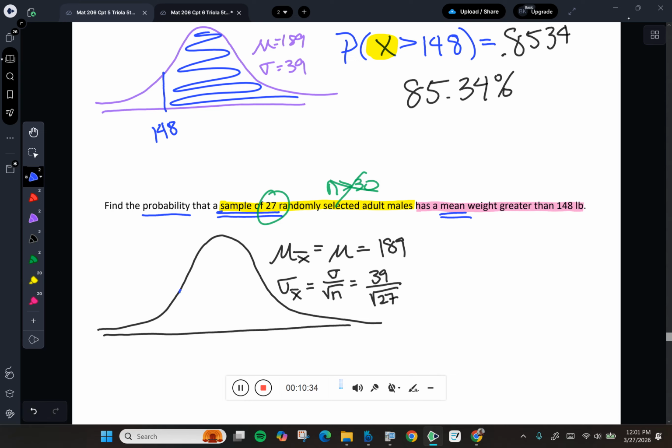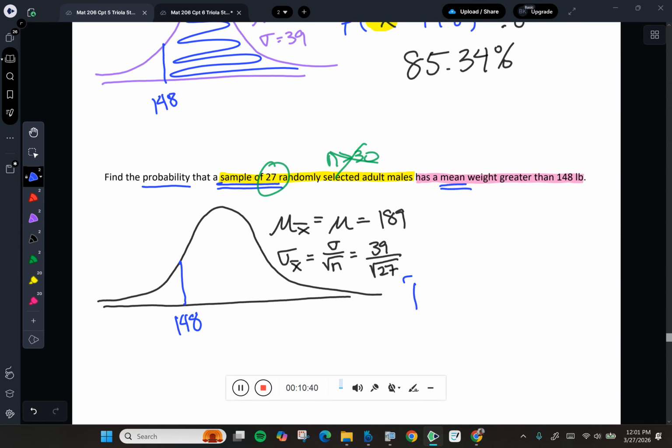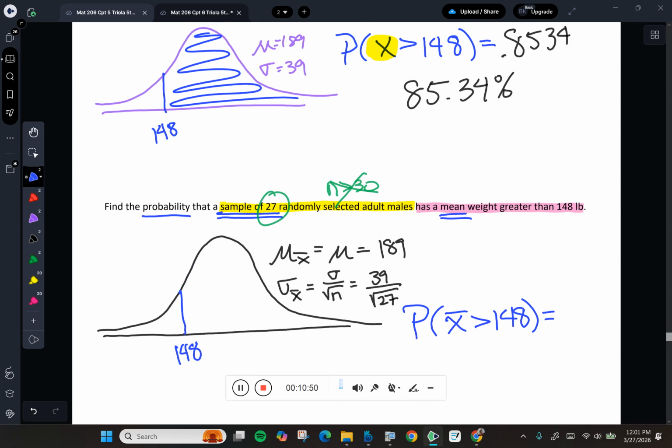And now they want us to put 148 over here. And they want us to calculate the probability that a sample mean will be greater than 148. Now I want to point out a huge difference right here.